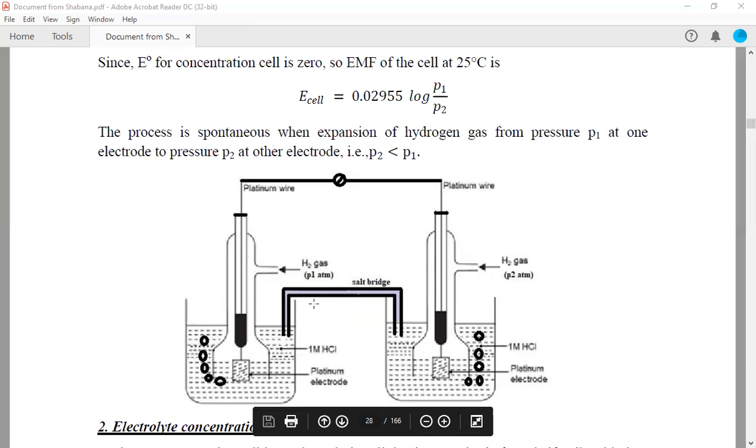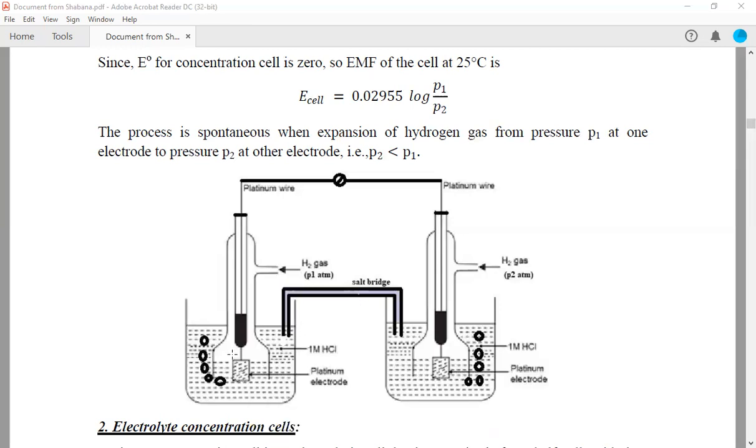Oxidation takes place in the left half cell, with the liberation of electrons. Whatever electrons are liberated are transferred from the high potential area to the low potential area, that means from anode to cathode.